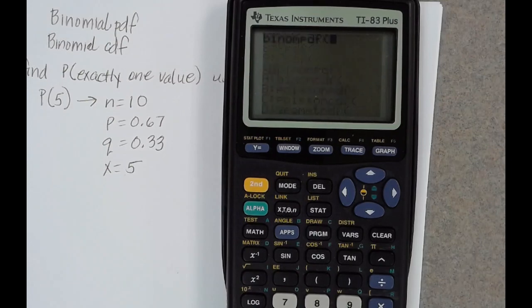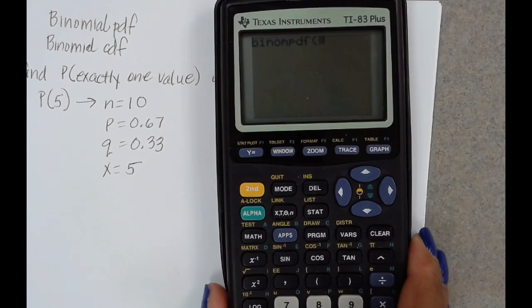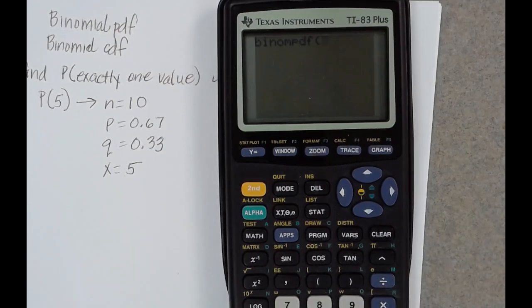Press enter. Now it opens up a parenthesis, because now it's asking for you to key in the information. The calculator is saying, well, find the binomial PDF of what? Here's where we enter our values in this order: n, comma, p, comma, x.